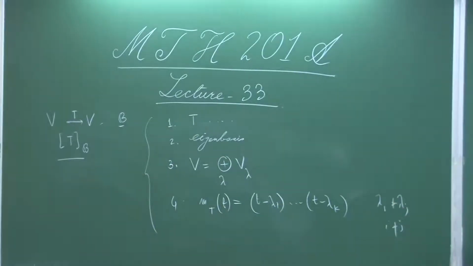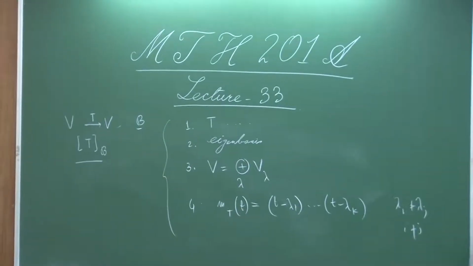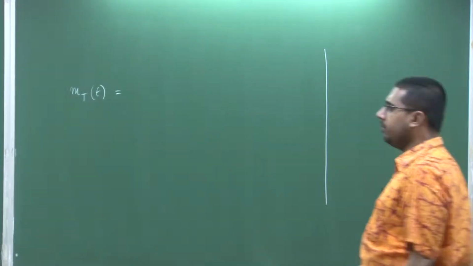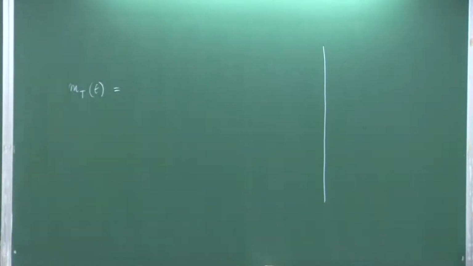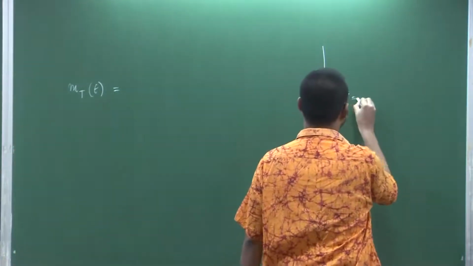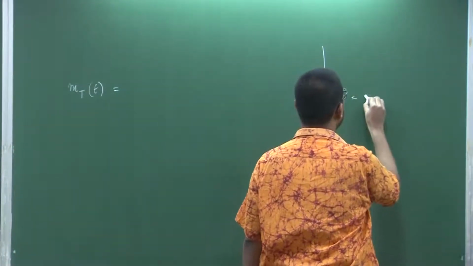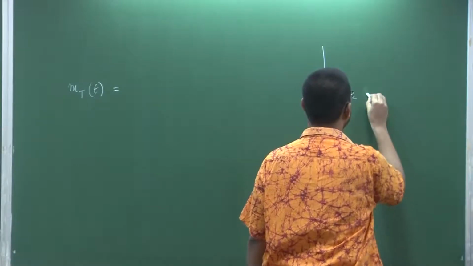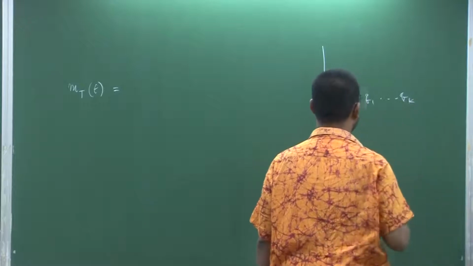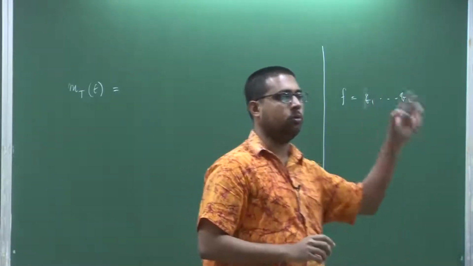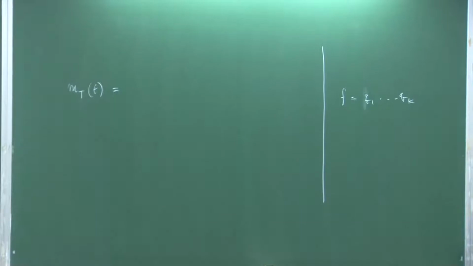Let me recall some basic facts about polynomials. Remember that every positive integer can be written as a product of primes. Similarly, every non-zero polynomial can be written as a product of irreducibles q1 up to qk, and this factorization is unique up to rearrangement of the terms.